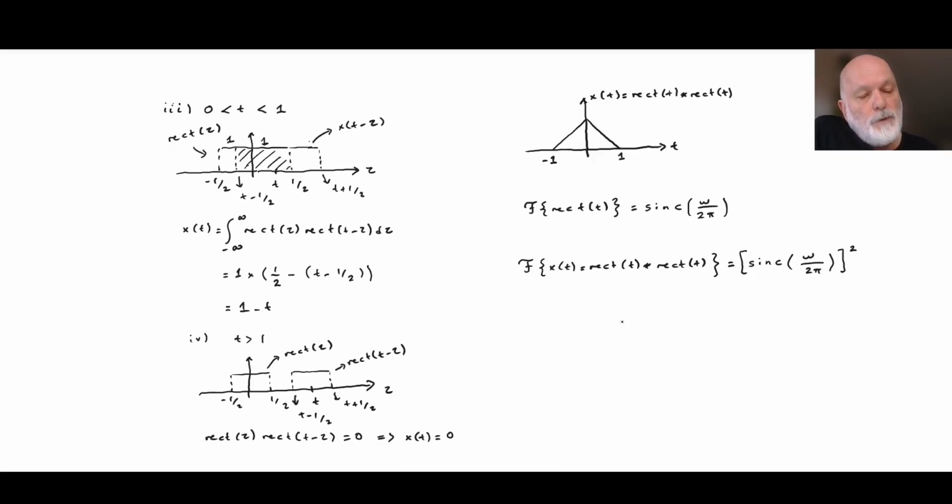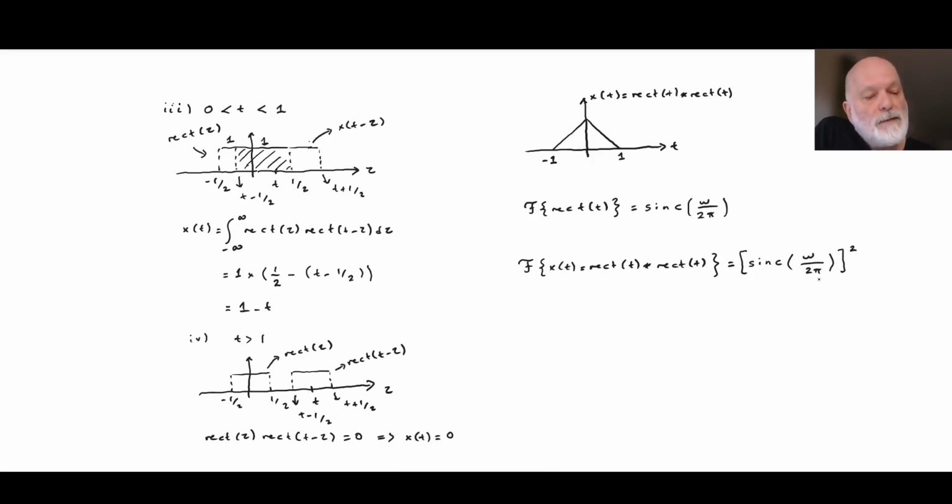Now, if we plot sinc omega over 2 pi squared, now remember that in the graph of sinc function, we have the main lobe, and then we have the side lobes taking positive and negative values.